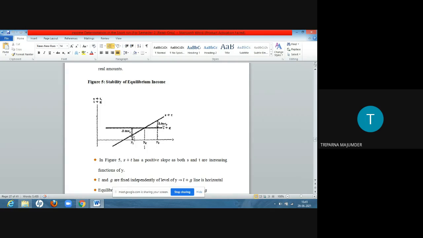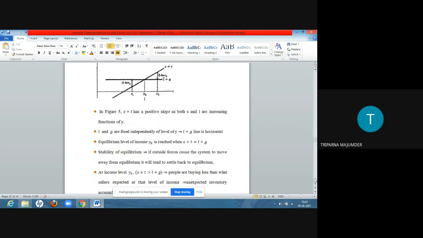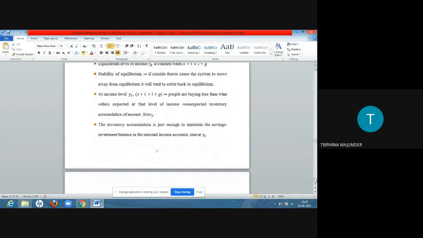So if the income level is lower than the equilibrium level, it has an inherent tendency to increase. If this level is greater than the equilibrium level of income, it has a tendency to fall. So this is the concept of stability of equilibrium.